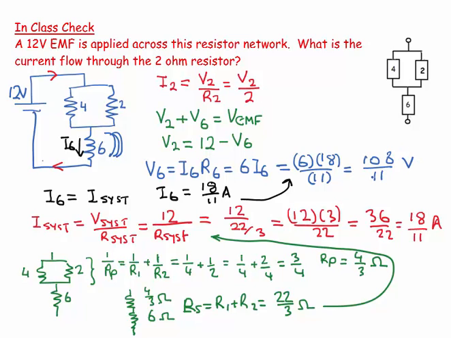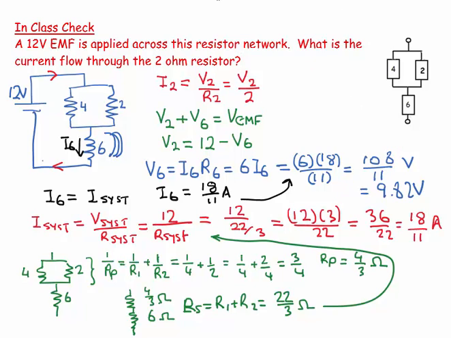Now let's work out what this is. 108 divided by 11, so that's going to be 9.82 volts.